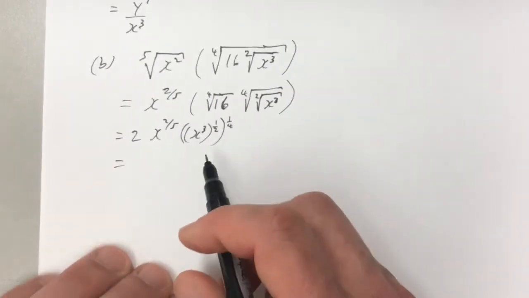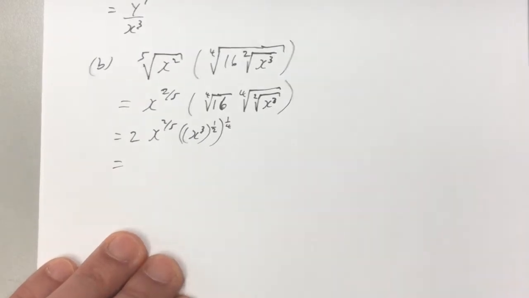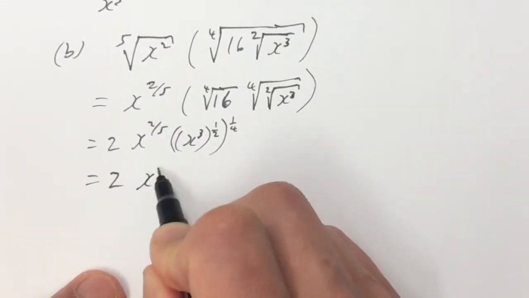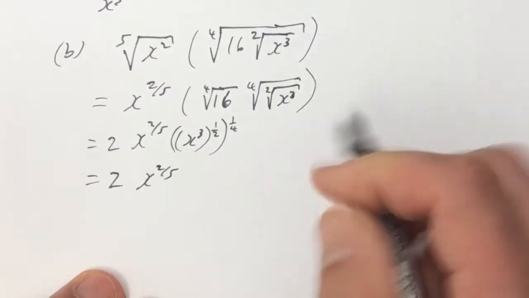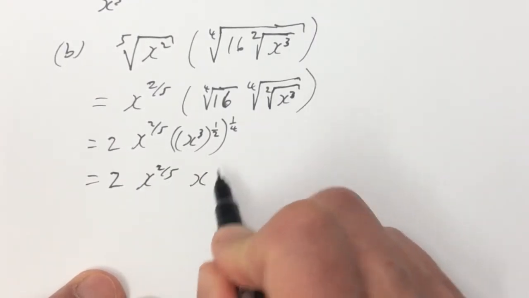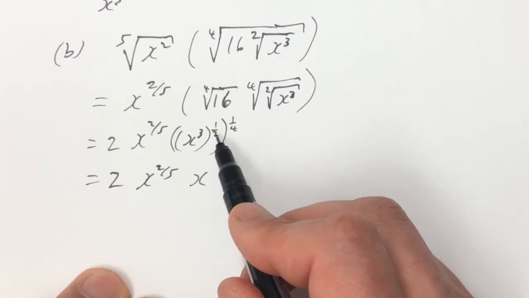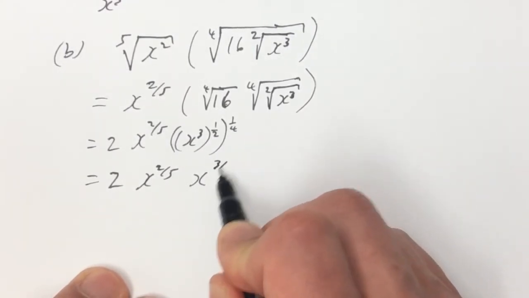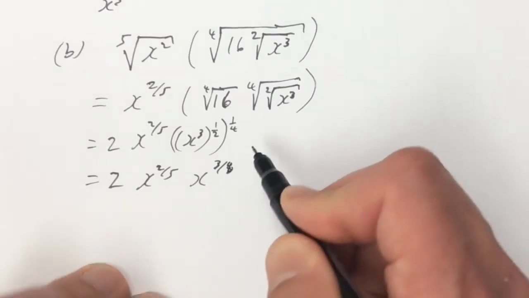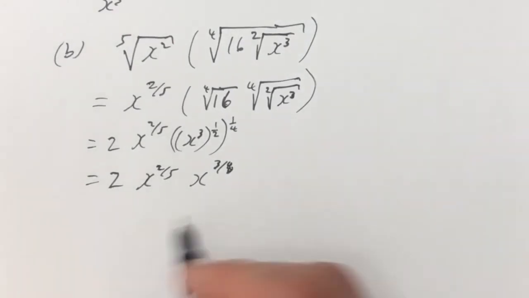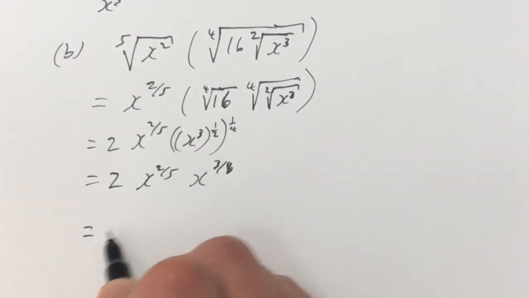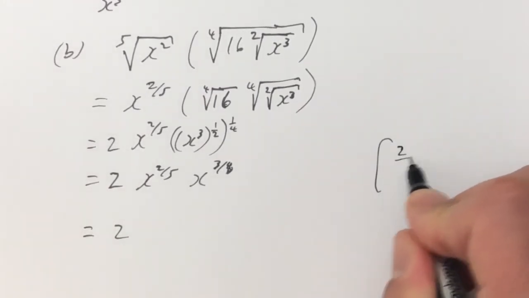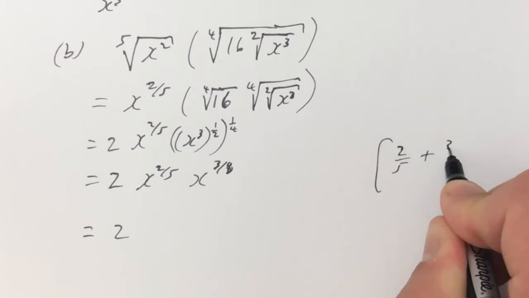Okay. And so now we have 2x to the 2/5, and then x to the, well, 1/2 times 1/4 is going to be 1/8, so it's 3/8. And now you have to add those exponents. So that equals 2, and I can just do it off to the side here. 2/5 plus 3/8.